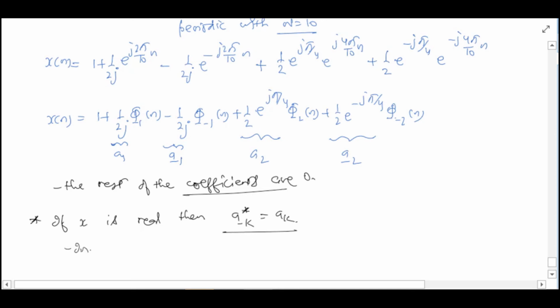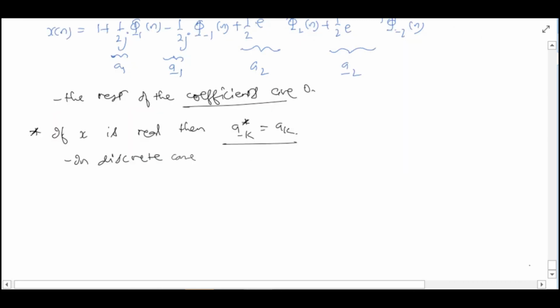Notice that in the discrete case the Fourier series coefficients are also periodic, they repeat. So a minus k is the same as a N minus k. Combining the above equalities, we obtain that a minus k is the same as a star k. This is an important property of Fourier series coefficients in the discrete time case.